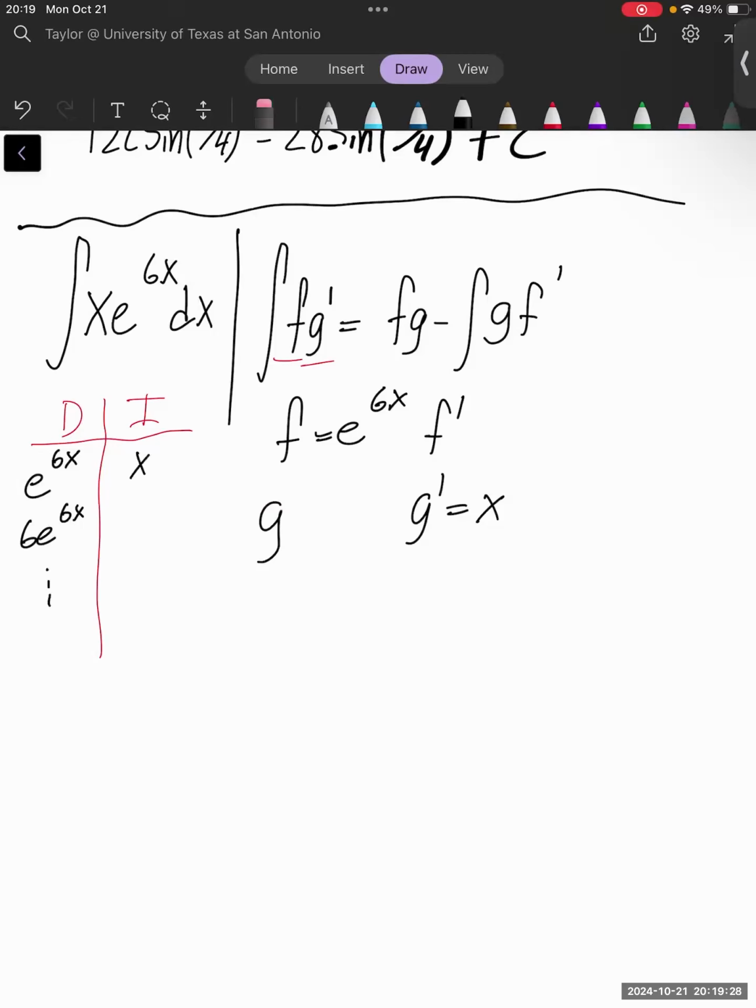Then we get x, and then 1/2 x squared, 1/4 x cubed, etc. None of the terms disappear, and so technically we would have integration by parts forever.